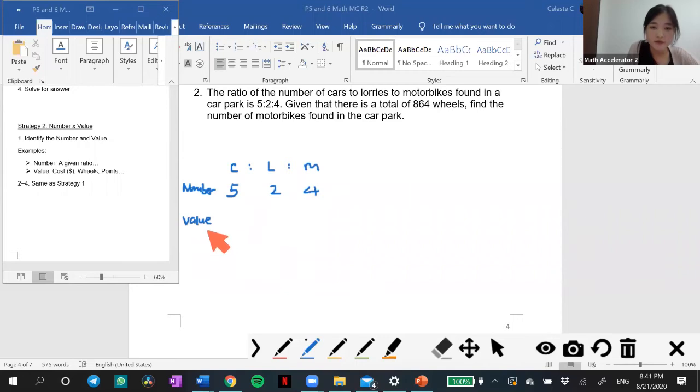Okay, can someone identify what is the value of these 3 vehicles? What do you think it is? It is not given in the question, so how do you find the value for C, L, and M? The hint is to look at the total. What is the units for the total?